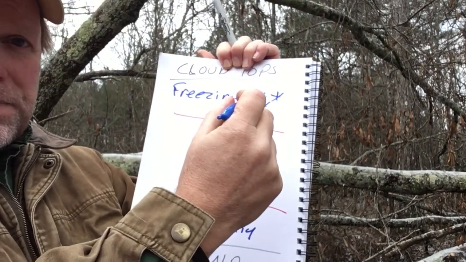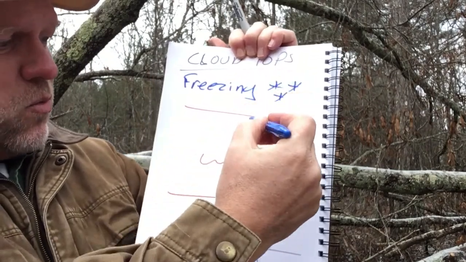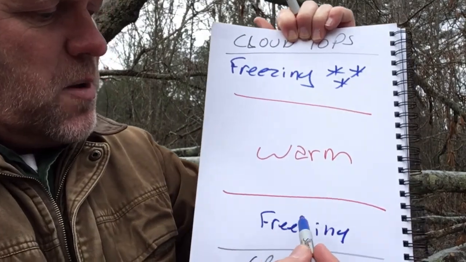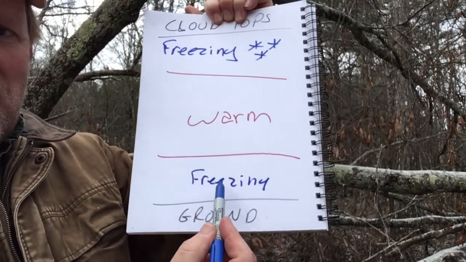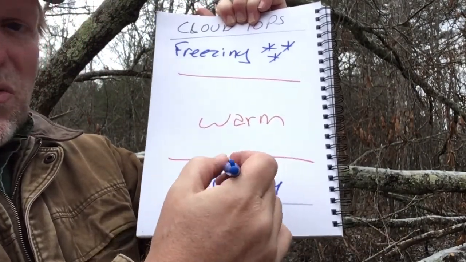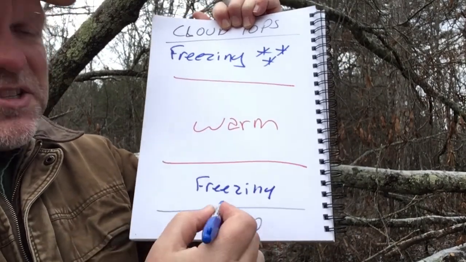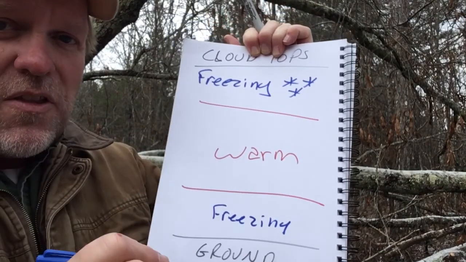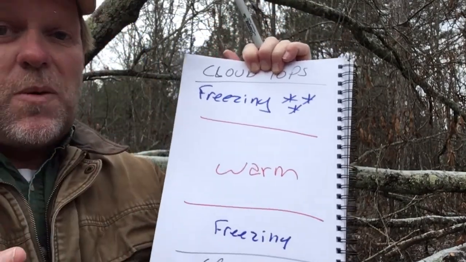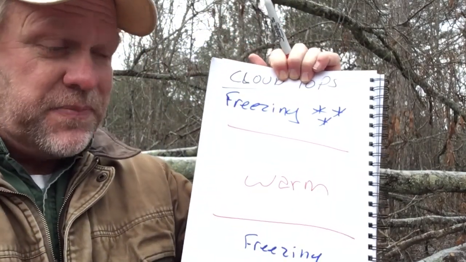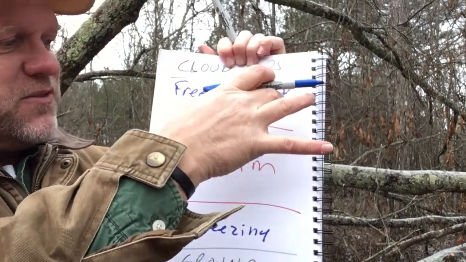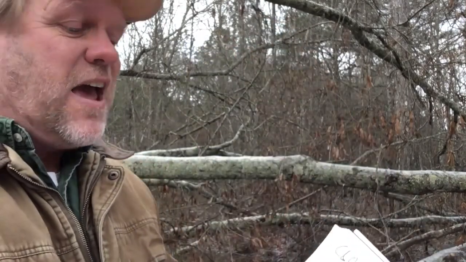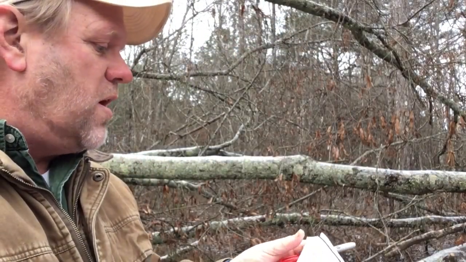Snowflakes form. As it falls into the warm air, it melts, turns into a liquid, and continues to fall, but there's not enough time down here for that water to refreeze before it hits. So it hits the ground as liquid, but then refreezes once it's on the ground. That is what produces freezing rain.